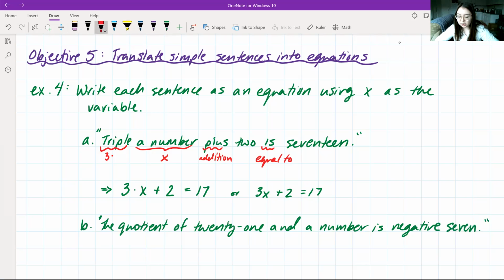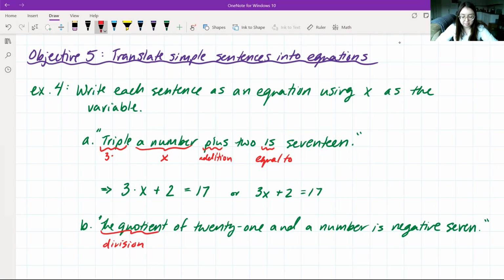So we have the quotient of 21 and a number is -7. So we have the quotient, and the quotient is telling us that we are using division. We're using division, and we have 2 terms. So we can use our first term as our numerator and our second term as our denominator.